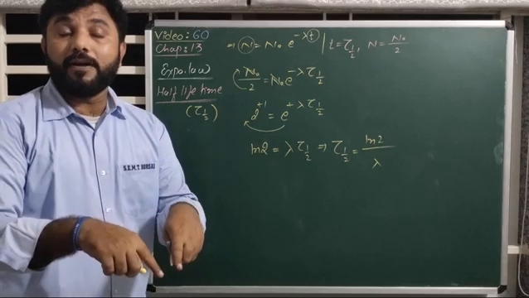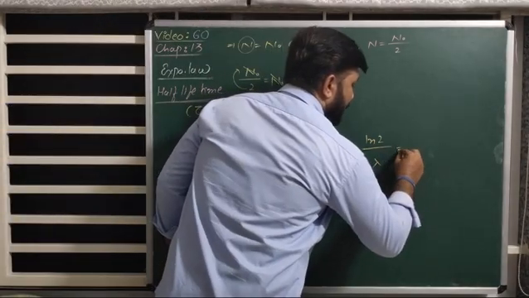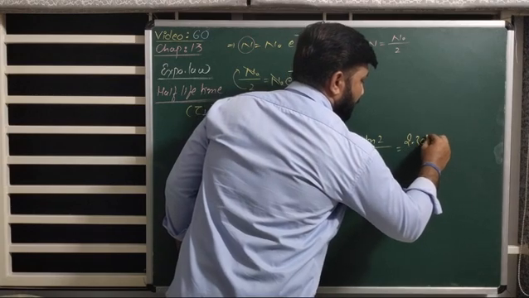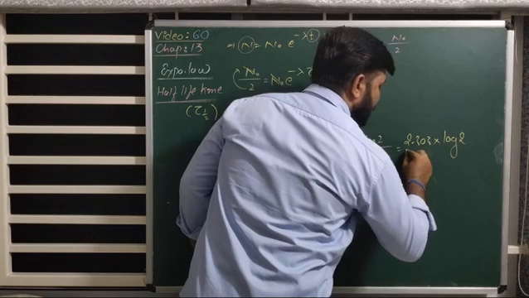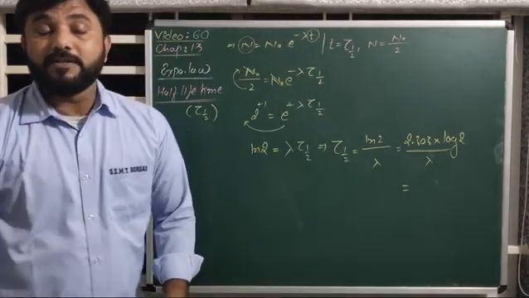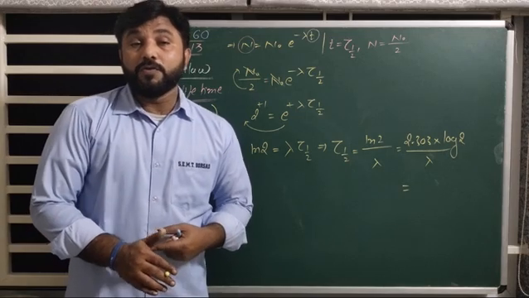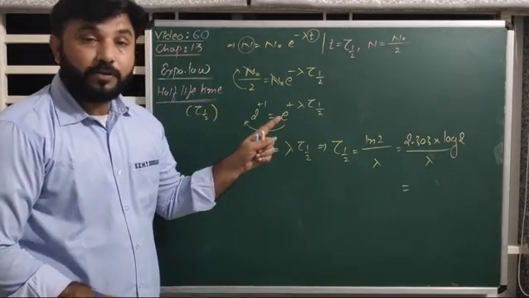To convert into base 10 log, you have to multiply by 2.303. Now it becomes log 2 divided by λ. What is the value of log 2? 0.301 multiplied by 2.303.